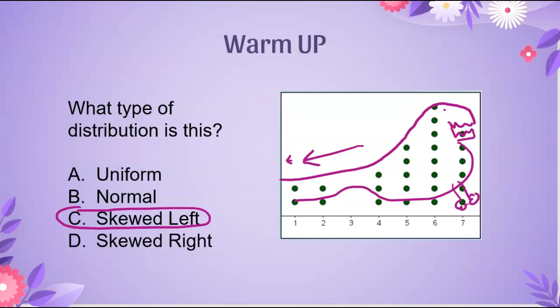Remember, in a skewed left distribution, the median would be about here, the middle value, and the mean would be somewhere over here. It would be pulled to the left. All right, so that is our skewed left distribution.